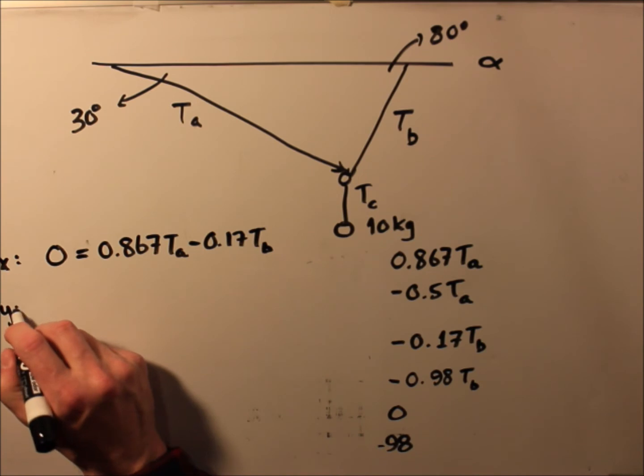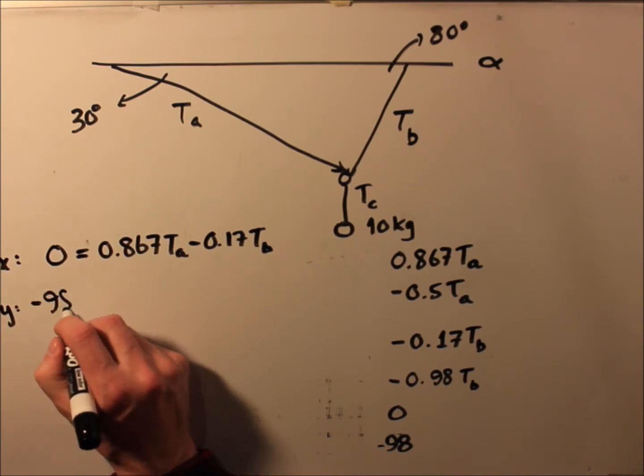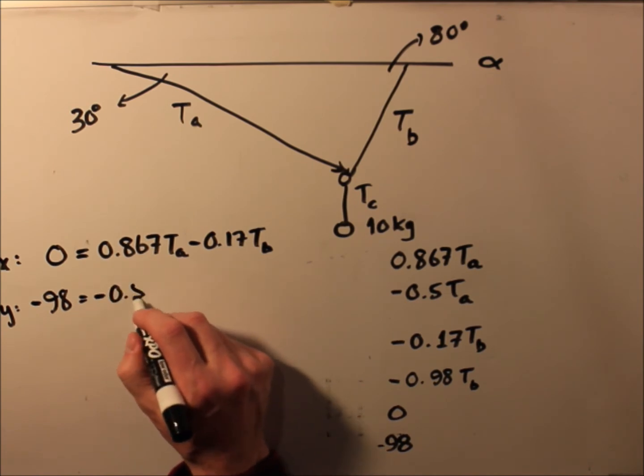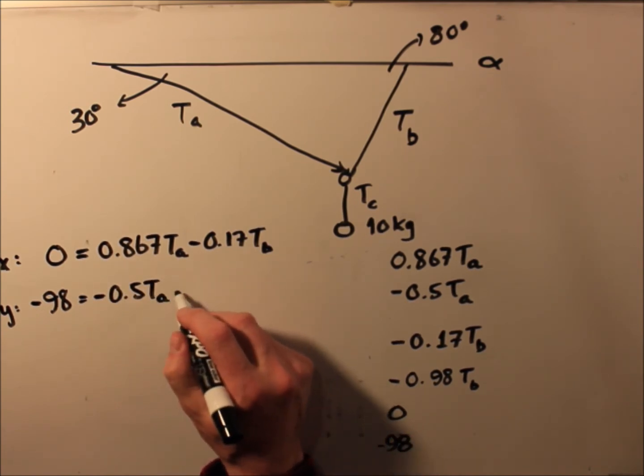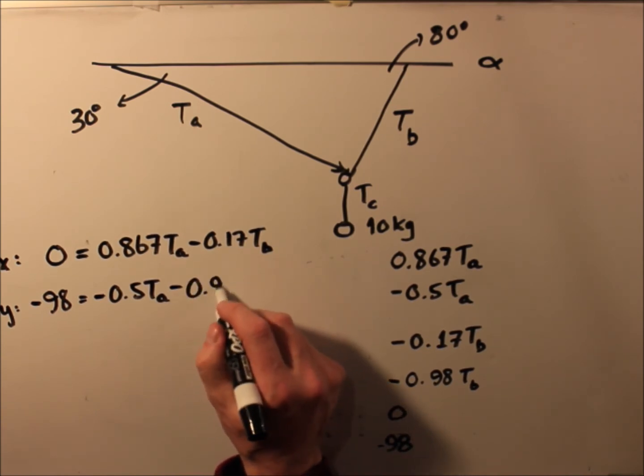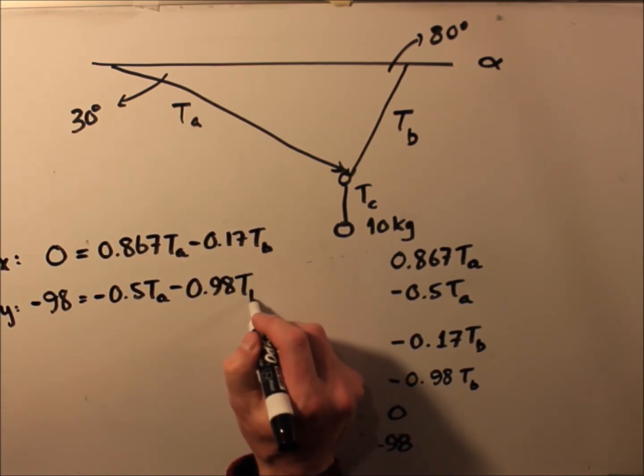And in the y, we have negative 98 is equal to negative 0.5 Ta minus 0.98 Tb.